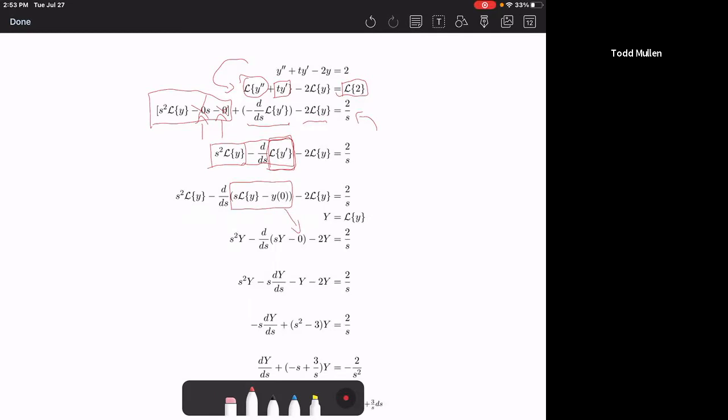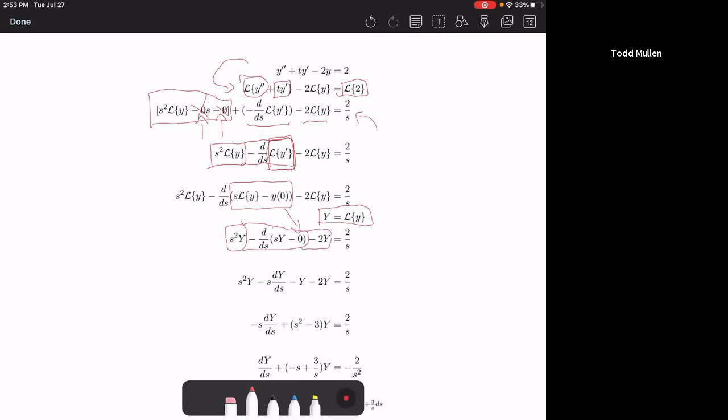We are going to let Y equal the Laplacian of y, hopefully to just simplify things a little bit so we don't have to keep writing Laplacian of y over and over. So now we just have s squared times this big capital Y minus the derivative of sY minus 2Y is equal to 2 over s.